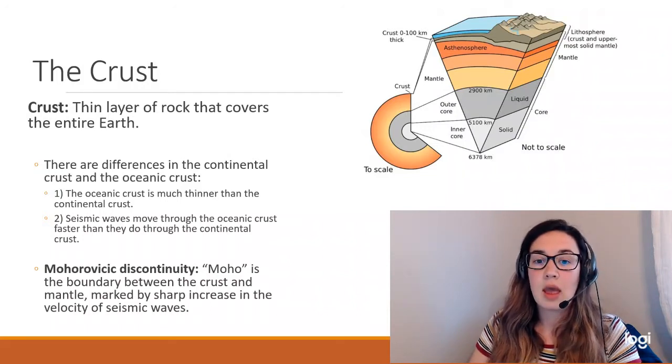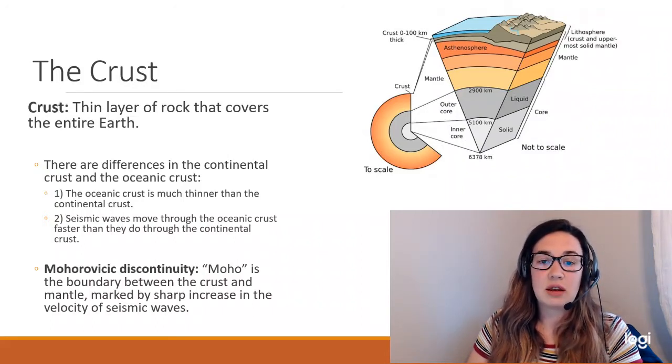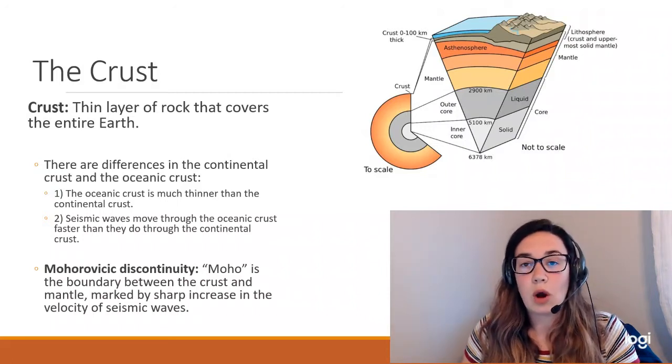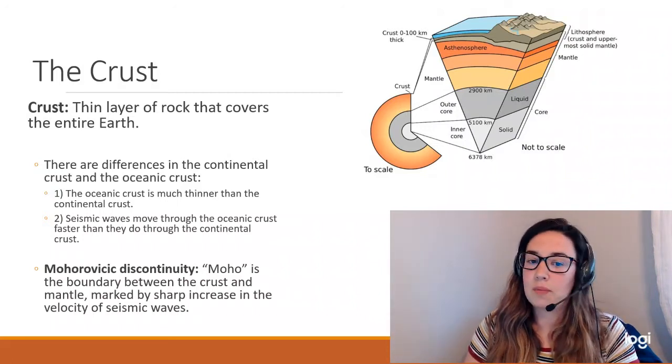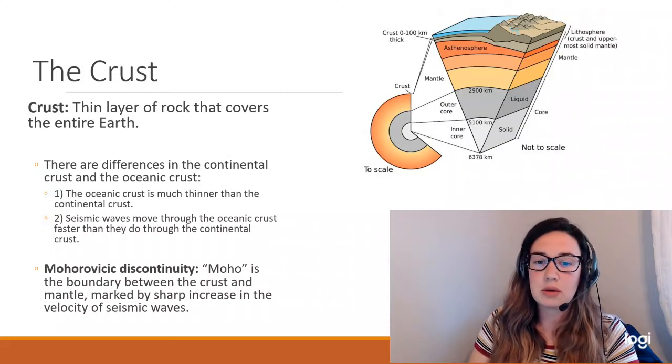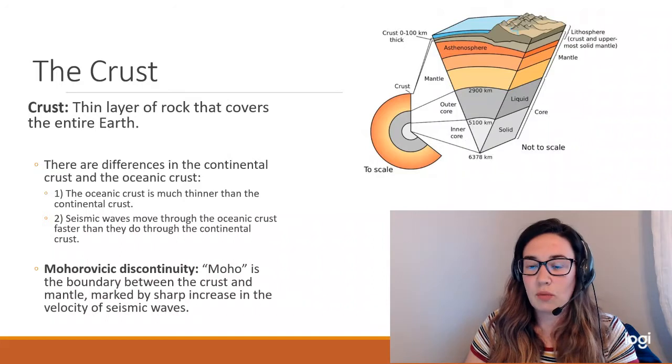So one thing to mention here is the Mohorovičić discontinuity, also known as the Moho, and this is basically the boundary between the crust and the mantle. We haven't talked about the mantle yet, but we will in a second here.